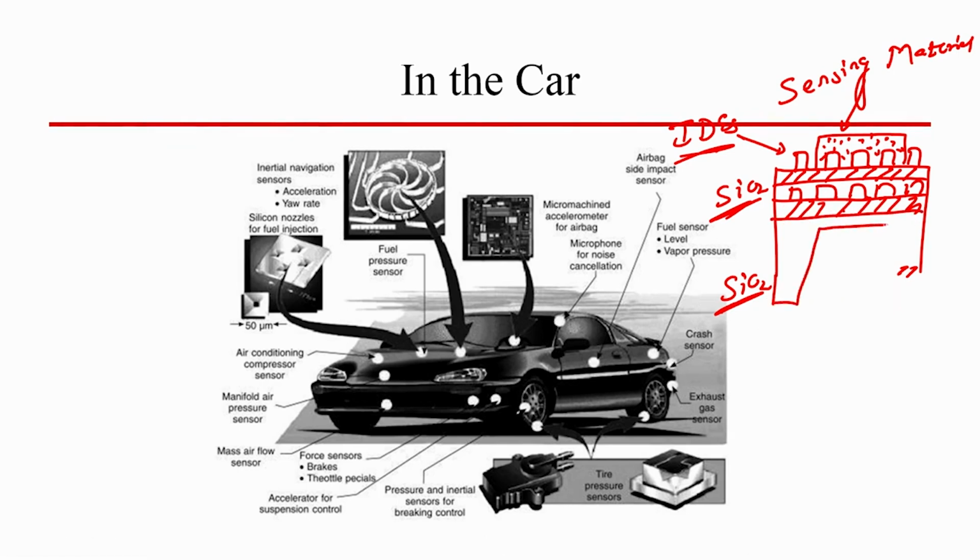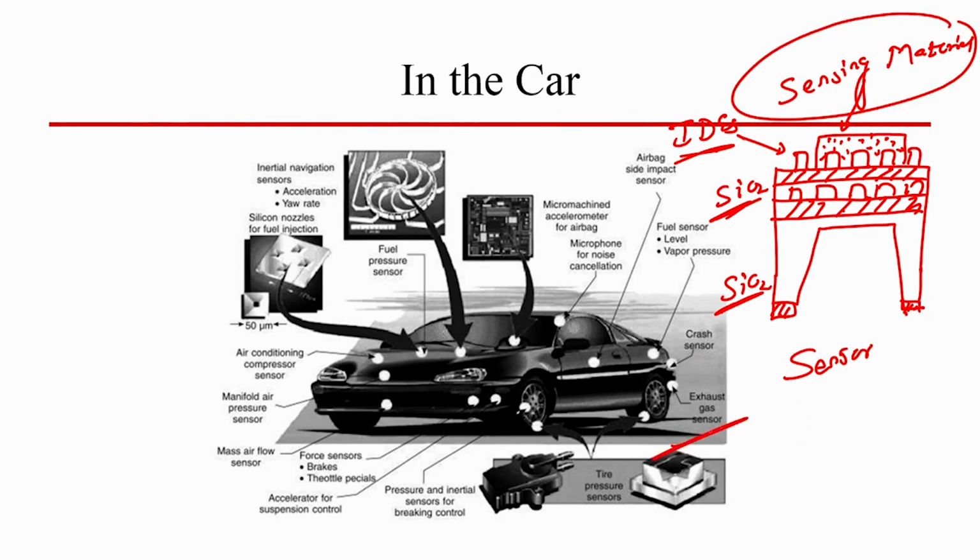For that, you can create a diaphragm, and this becomes your sensor. Depending on the sensing material, you can use this sensor for measuring exhaust gases. So this is a very quick example of how you can design a gas sensor for such a vehicle system.